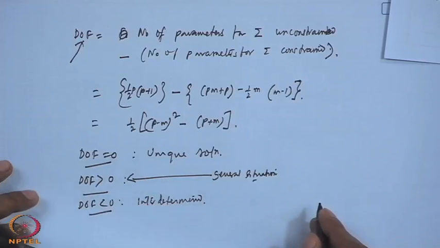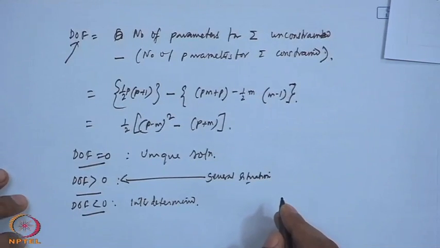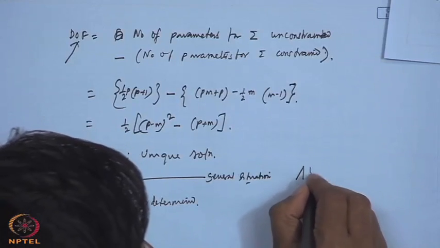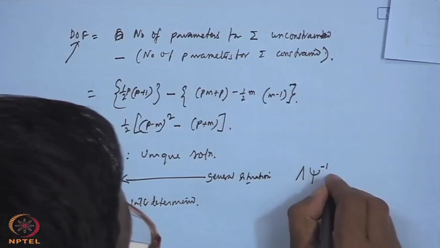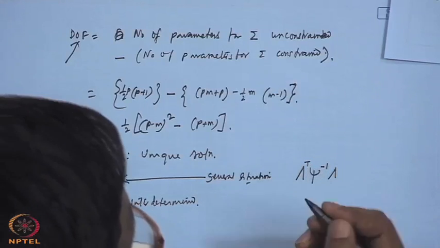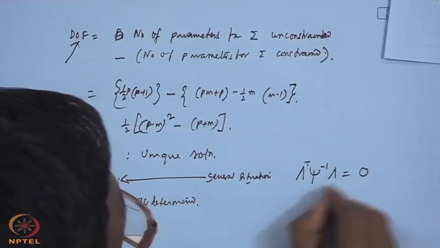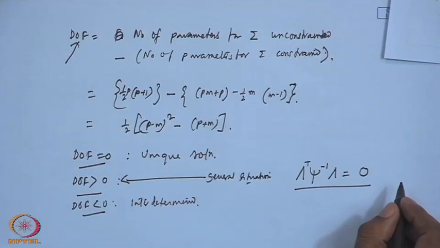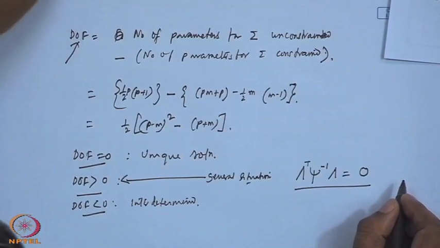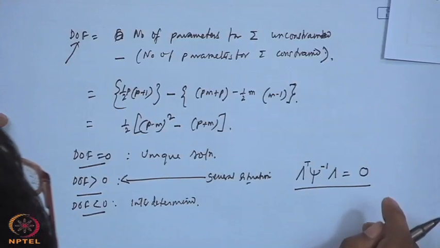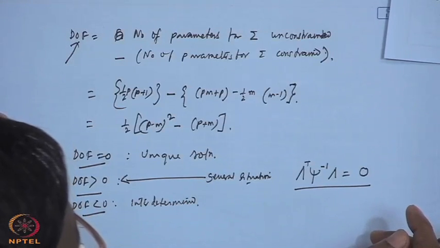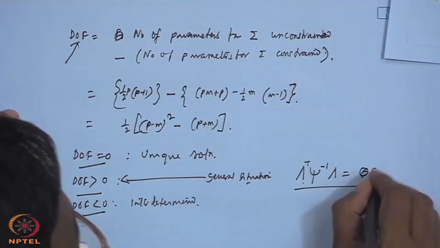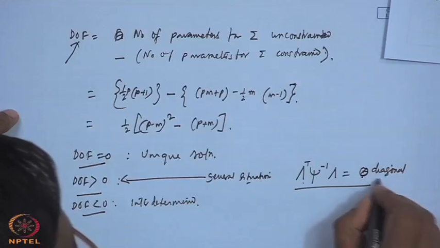So, you require putting certain constraints. That constraint will be lambda transpose psi inverse lambda becomes 0 off the diagonal, so this will become diagonal.